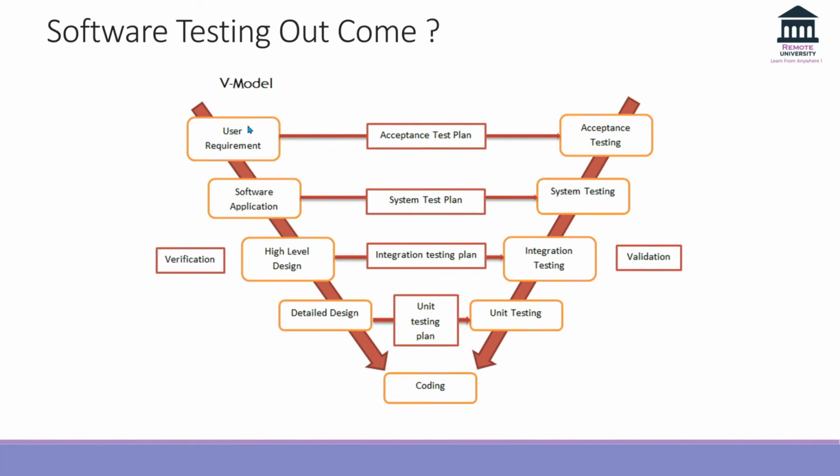As we talked about the software development lifecycle, what happens first? After the project is planned, we'll gather the requirements. During this phase, while the project, application or product requirements are being gathered, the testing team will work in parallel on the acceptance testing plan.